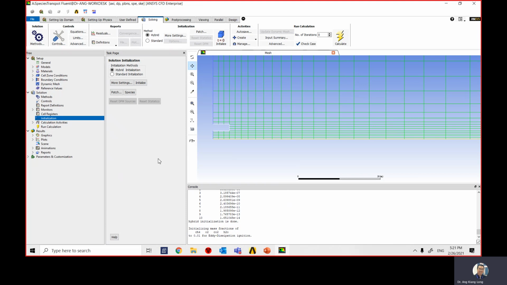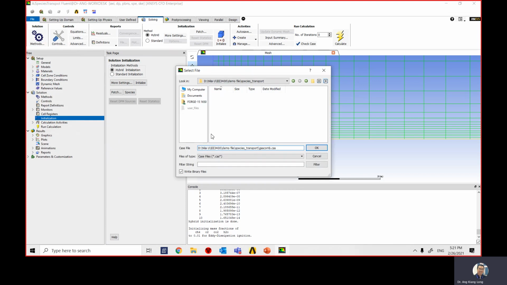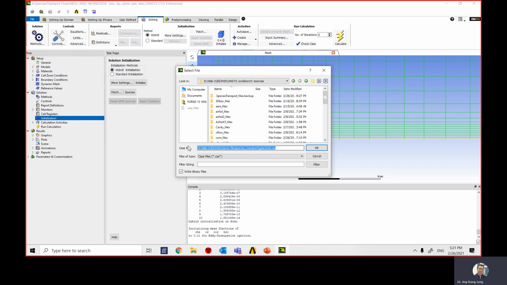All right. Now, after you've done the hybrid initialization, to secure your file, it's always advised to save the file of your case and data. In this case, I will just save my case. So I go to file, and save my file as gas combustion number 1 .cas.gz.